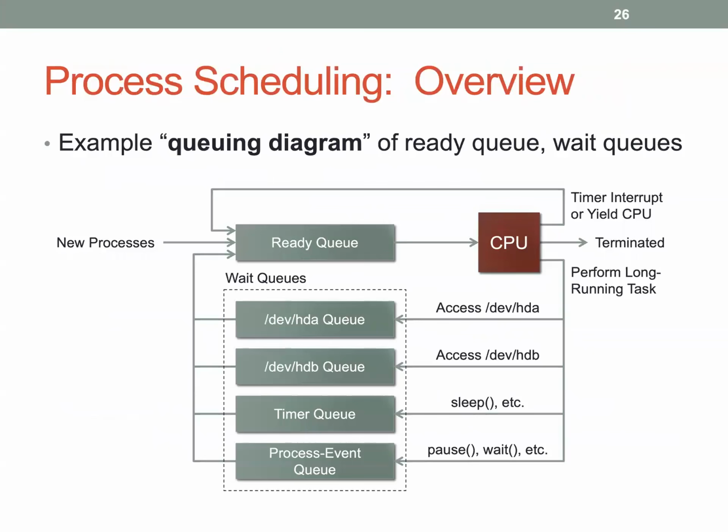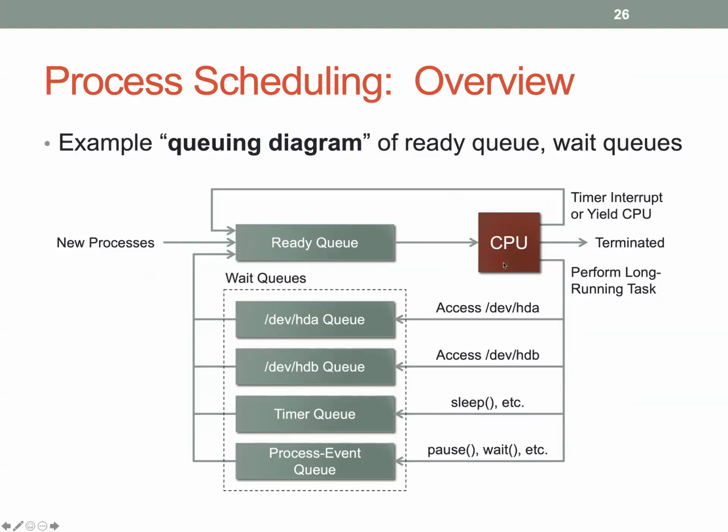So here's a picture of what's going on inside the kernel as far as scheduling is concerned. And there's a number of important places that we're going to be talking about in the last few minutes of this lecture. So you have the ready queue, which funnels into the CPU. If we get an interrupt, we get kicked off, we go back to the ready queue. The process may also terminate.